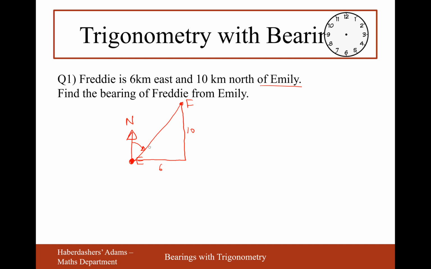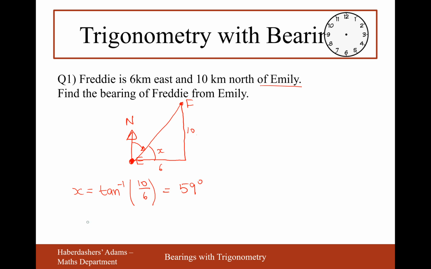So in this question, I'll work out this angle x inside the triangle, and then I'll do 90 minus it to get the actual answer. So x here is going to equal, well, it's going to have the opposite and the adjacent sides in it, so it's tan inverse, opposite over adjacent, 10 over 6. So on the calculator then, tan inverse 10 over 6, and we get 59.0.